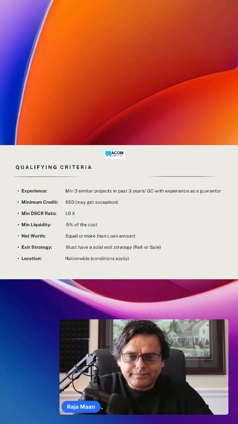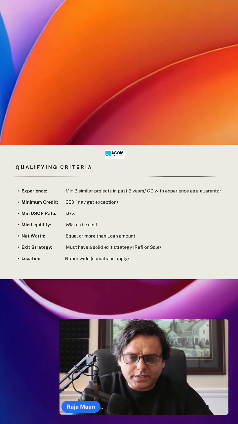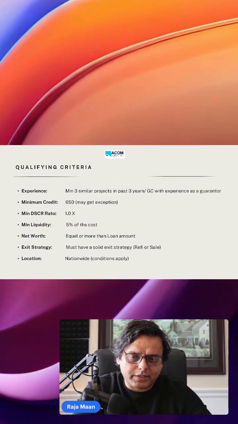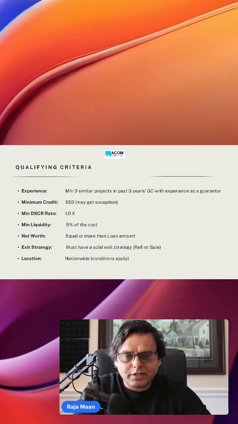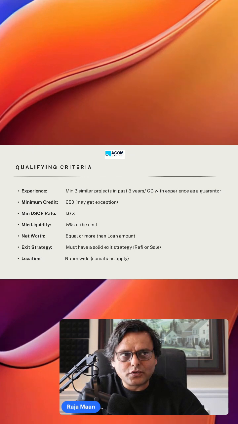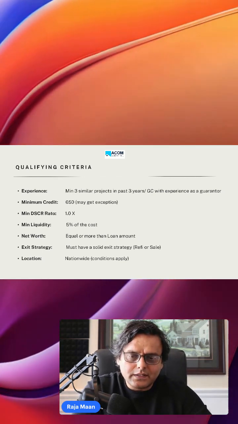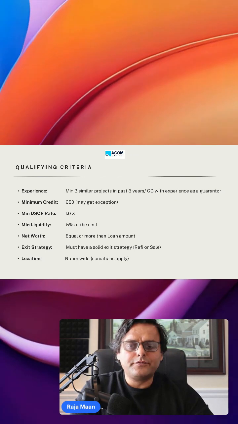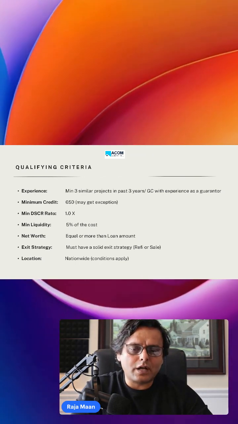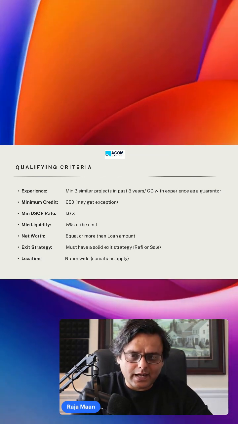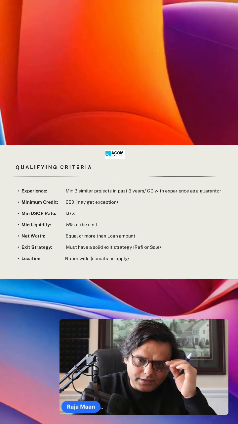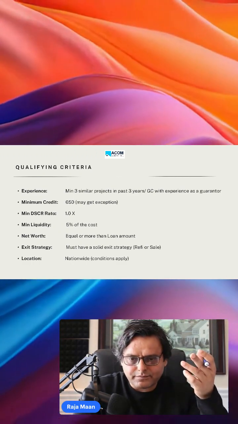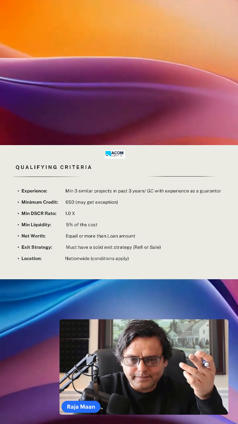Qualifying criteria. That's again basic information. Experience: minimum 3 similar projects in the past 3 years, or a GC with experience as a guarantor. If you have no experience at all, that's mostly for residential, I would say. If you have no experience, the GC has to come as a guarantor, sign the personal guarantee, and they have to have more experience than you.